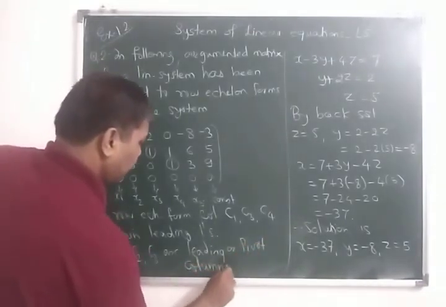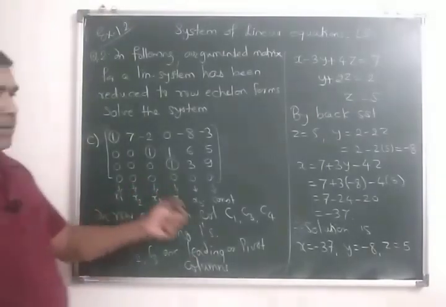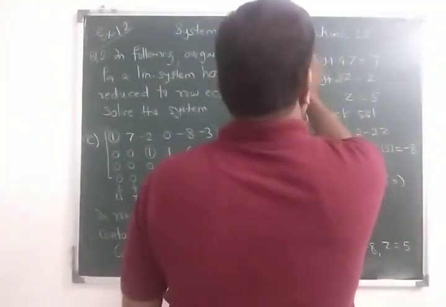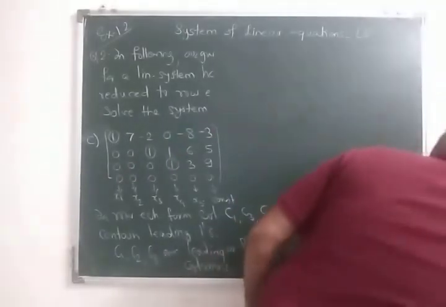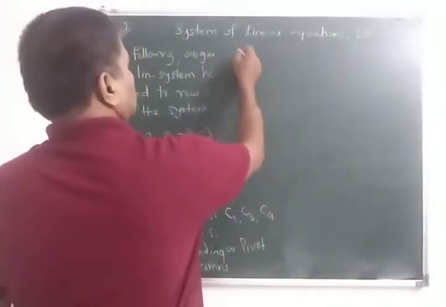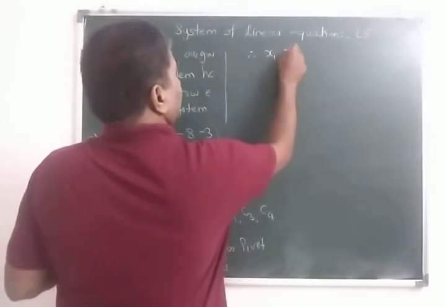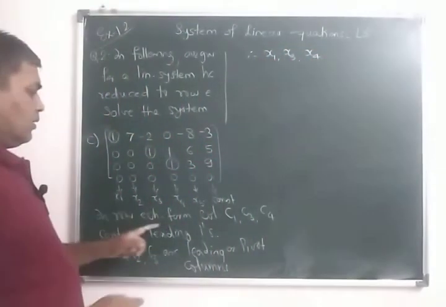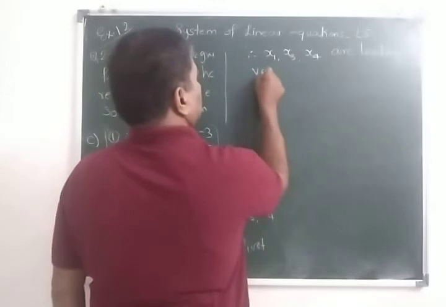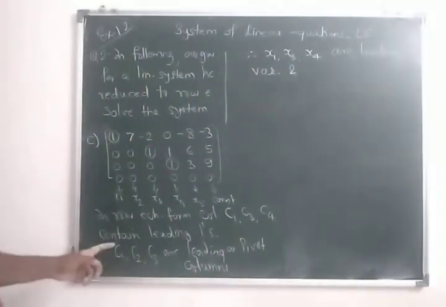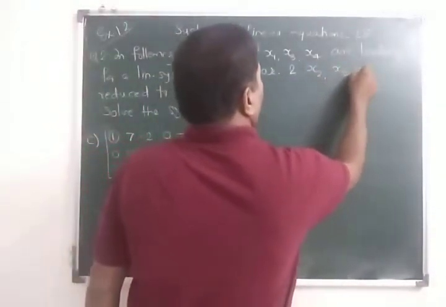And the variables corresponding to those columns, x1, x3, x4, are leading variables, and the remaining variables x2 and x5 are free variables.